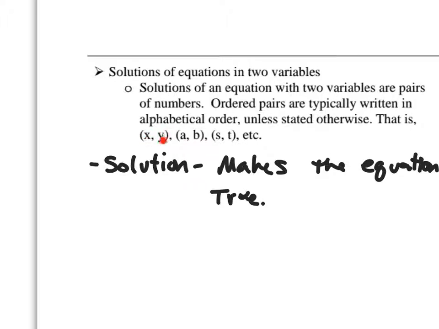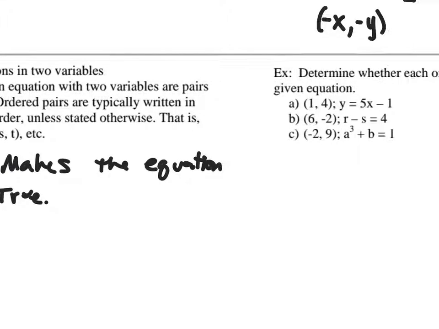Your second value in your ordered pair is going to be your y value. We're pretty familiar with x and y, but let's say we have something like A, B. Then A would represent your x value, B would represent your y value, okay? We're pretty confident with x and y values, so I always go back to that. But let's go ahead and talk about some of these problems, okay?